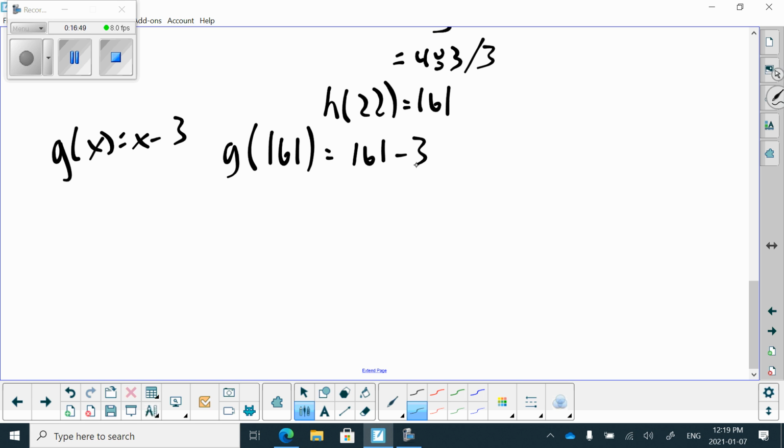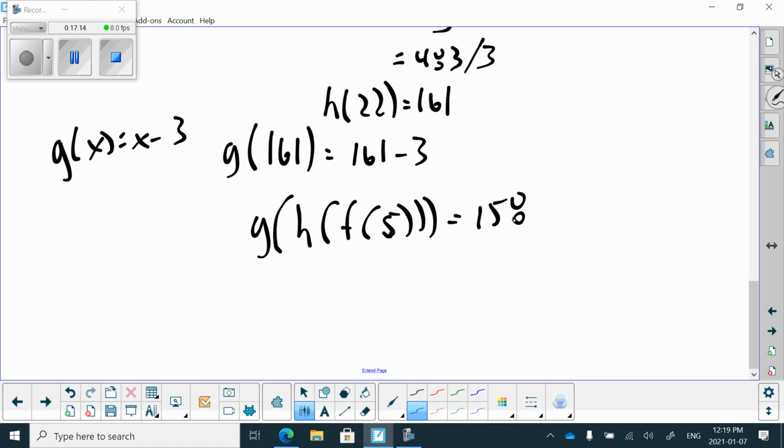So then our g of h of f of 5 equals whatever that is. 158. There we go. Absolutely. That's what it is. Start on the inside and we'll work our way up. Almost done. Questions after here.